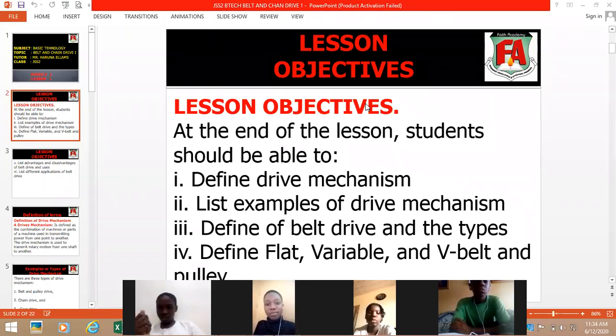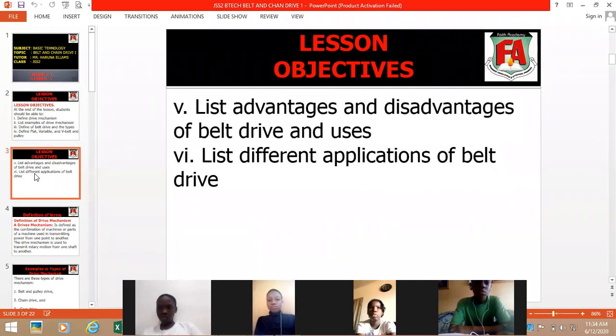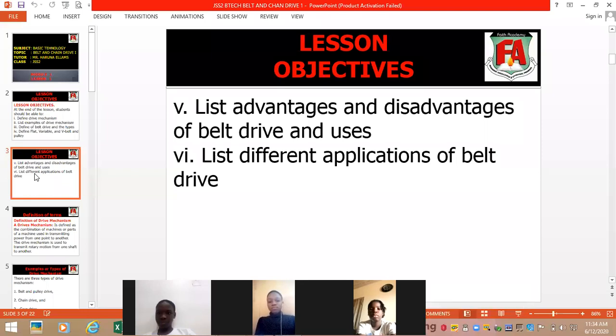Define flat, variable, and V-belt and pulley. And 5, list advantages and disadvantages of belt drive and uses. And 6, list different applications of belt drive.